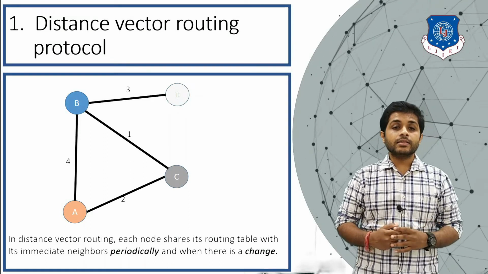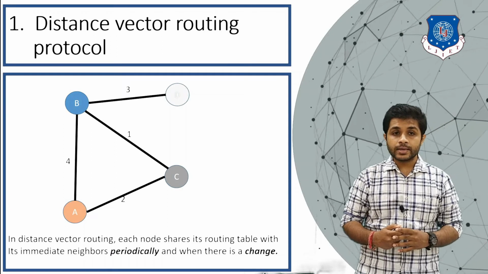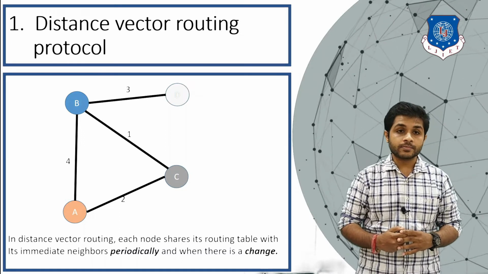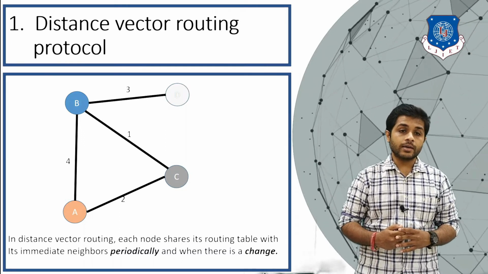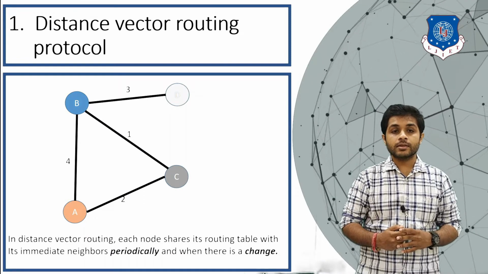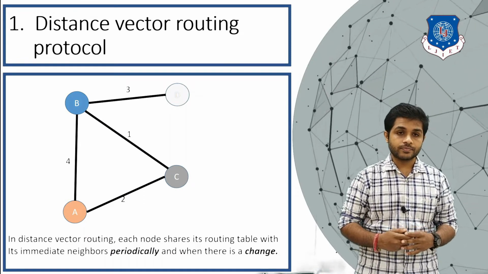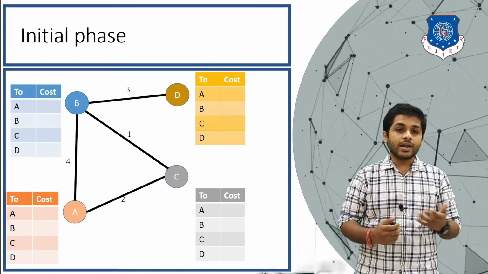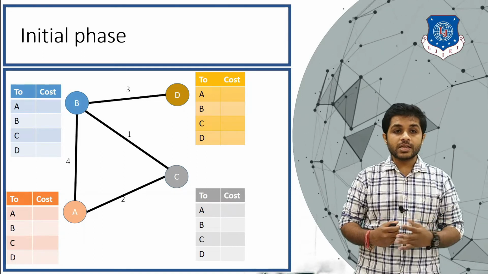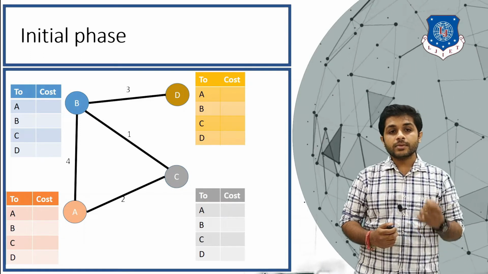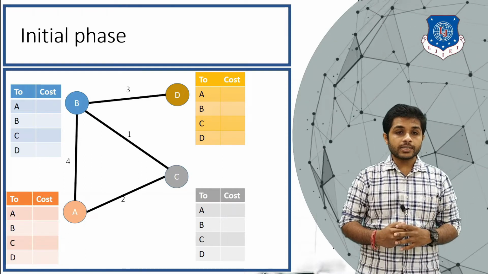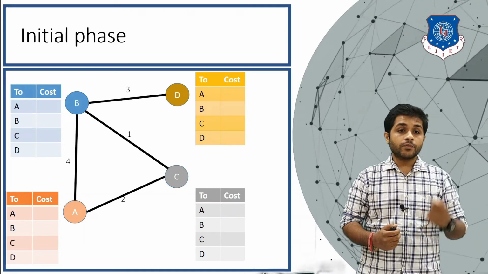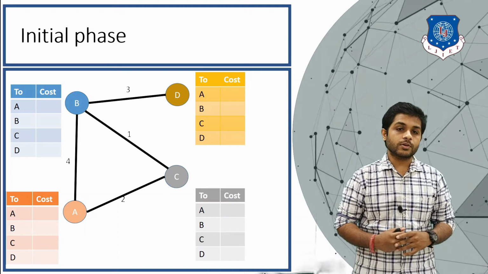You can see a network on your screen with a total of 4 routers, A, B, C and D, connected via links, and the distances can be seen near those links. In the initial phase, all these routers have tables and those tables are empty. Now what is the meaning of this table? For example, router A's table indicates the distance from A to all the remaining routers.